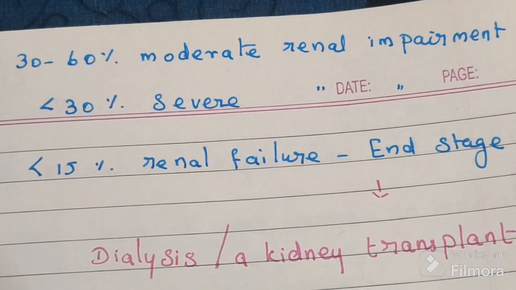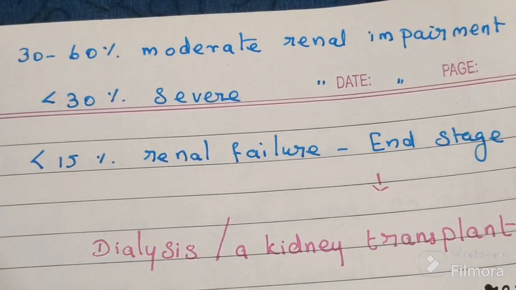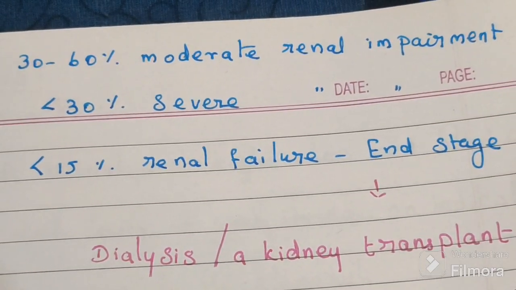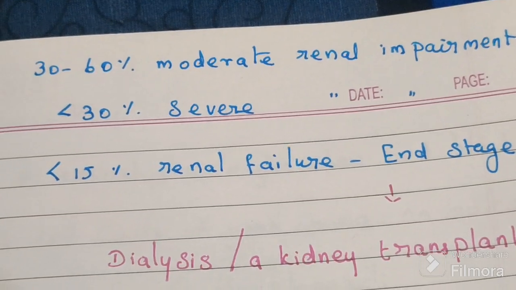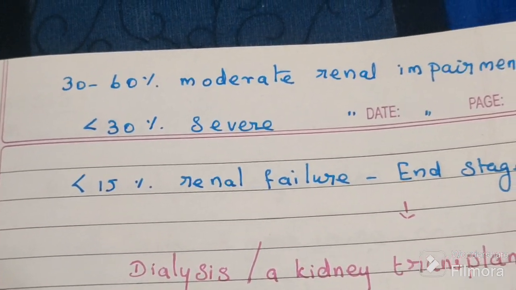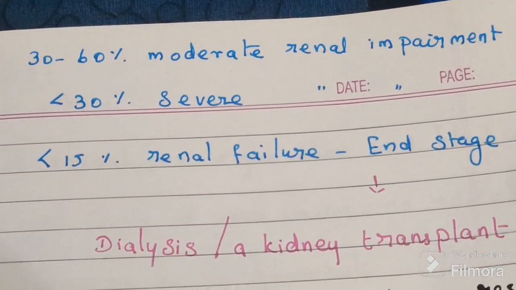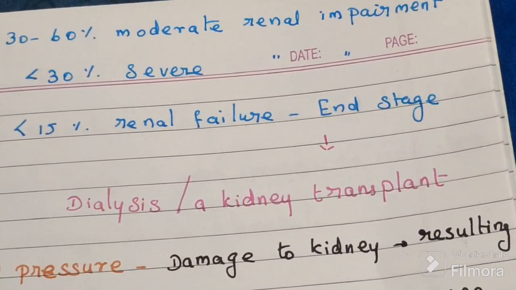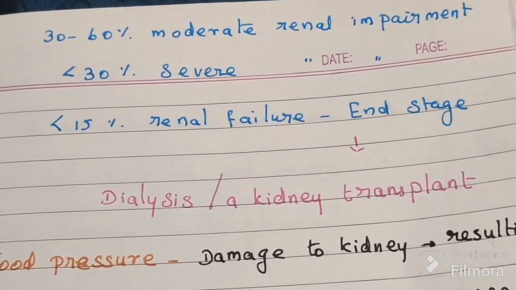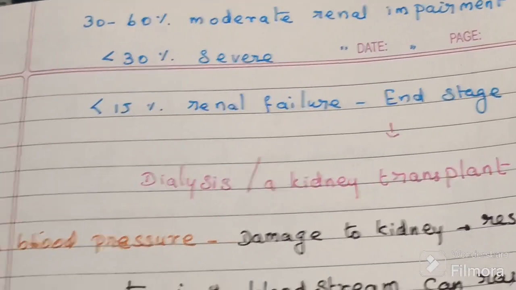Less than 30 percent means severe renal impairment. Less than 15 percent means renal failure, the end stage. Here dialysis or kidney transplant is needed.